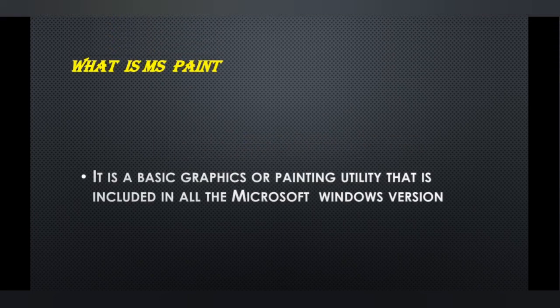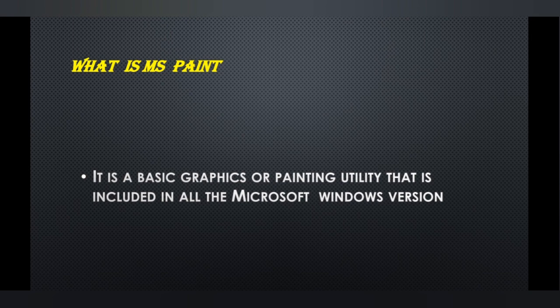So what is MS Paint? It is a basic graphics or painting utility that is included in all the Microsoft Windows versions. Basic graphics means whatever you are drawing, that is the basic graphics which you will use. In computer language we call it graphics, but in normal language we call it a painting utility, right?